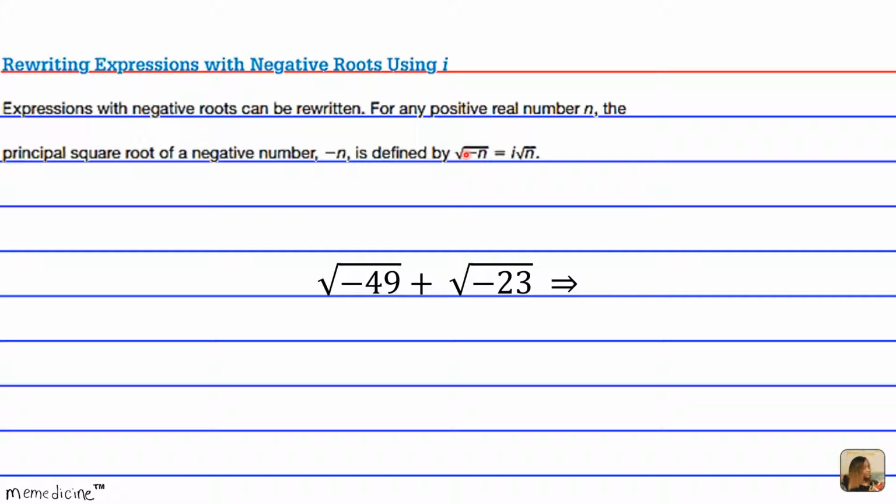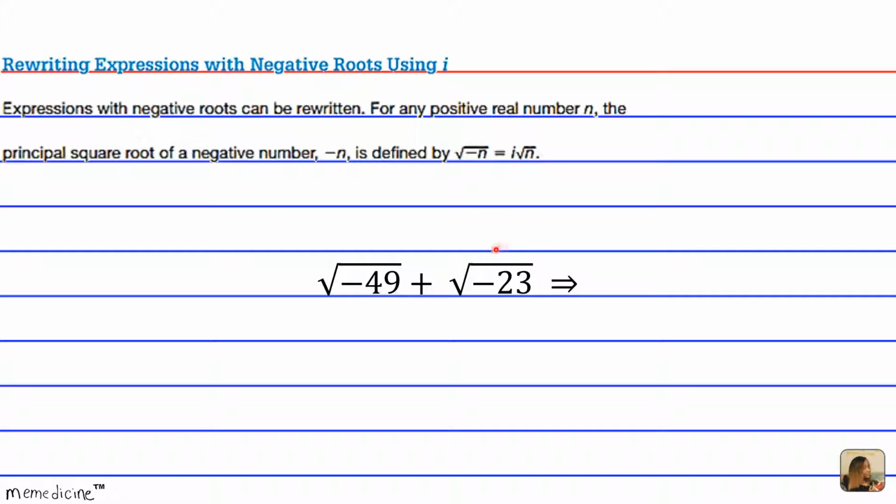You basically just extract -1 and bring the i out, because remember on the title card I showed you that i is equal to the square root of -1, and then you're left with your real number n inside the radical still, okay?